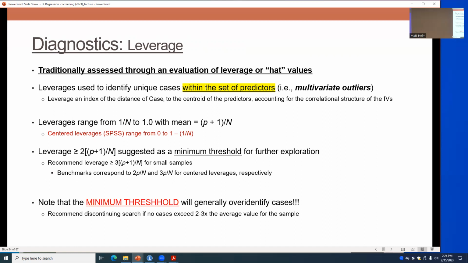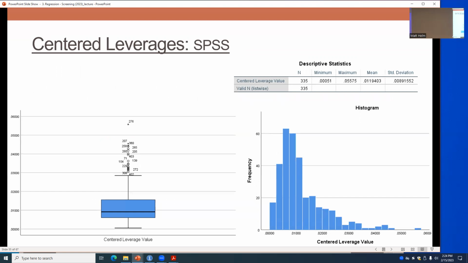Again, remember that with all of this, you're probably going to get a lot of cases, just because real data is weird and doesn't behave well all the time. This is why it's always critical to plot your values and ask, hey, what's going on? What are the cases that are probably going to be most problematic?